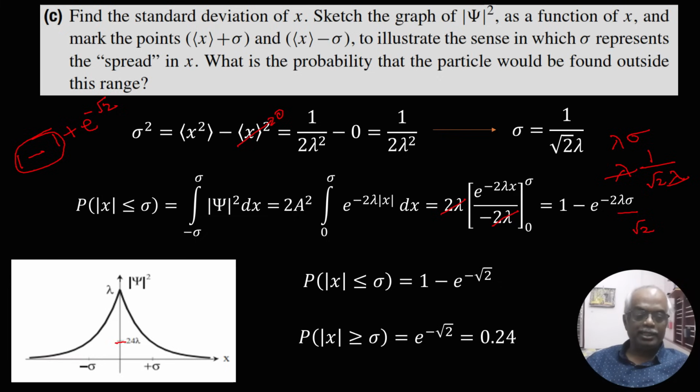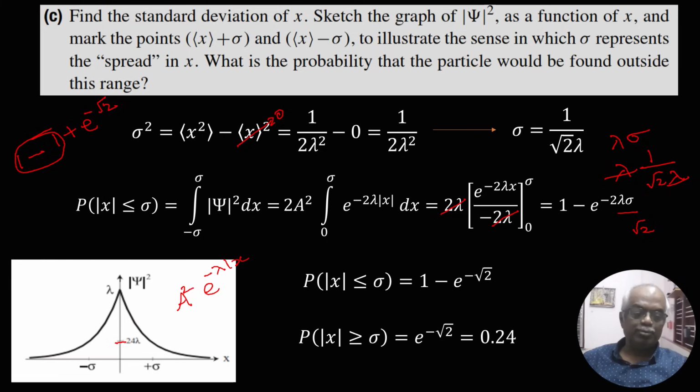If you draw the graph between minus sigma and plus sigma of modulus psi squared, what will happen? The wave function is A e power minus lambda modulus x.